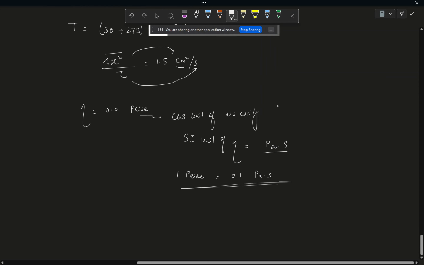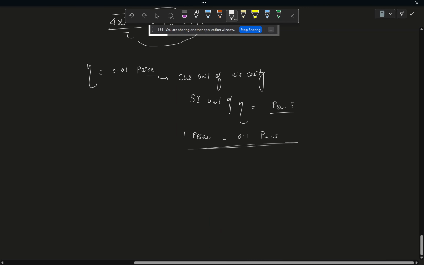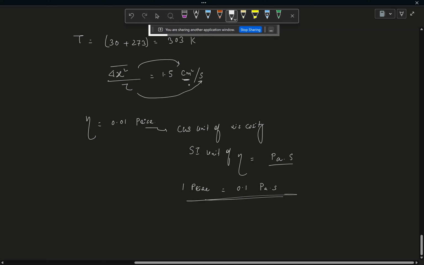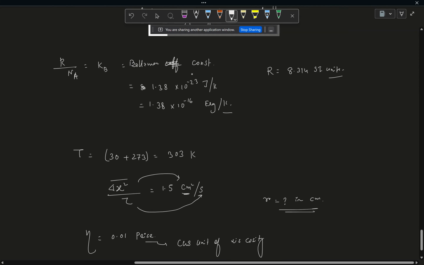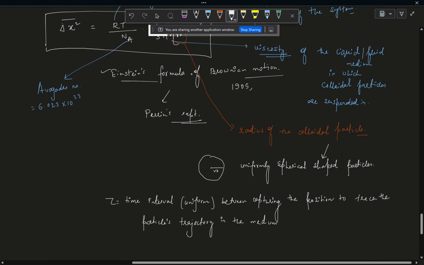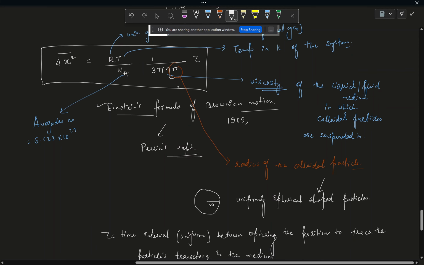So now let us choose to use CGS units for this problem, because ultimately the radius we have to calculate, right? So we will be getting the answer in centimeter. So if we want the answer in centimeter, we will be following CGS units in all of them. So what we will do is that we now use this formula, delta x squared equal to R by Na, you call it Kb, which is the Boltzmann constant, and T you know from the equation, and the rest of the terms are also there.